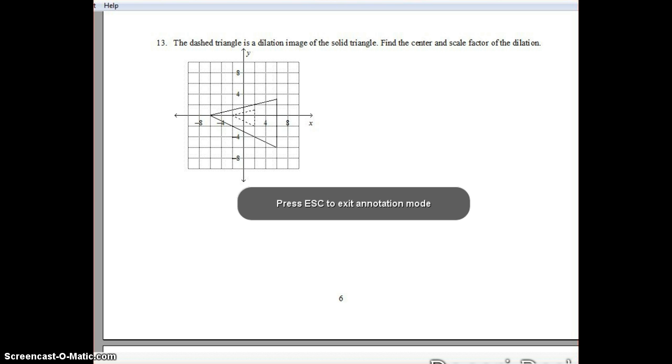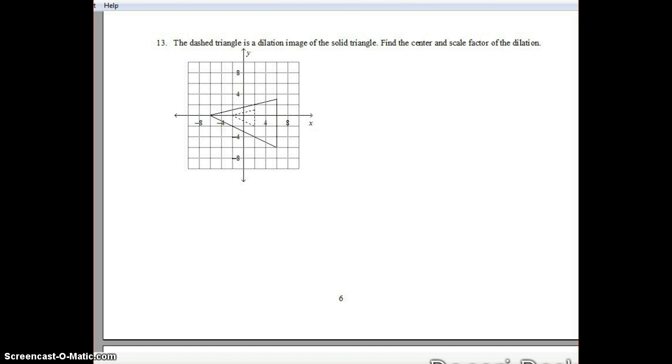Okay, on number 13 it says the dashed triangle again is a dilation of the solid figure. So you can see that the dashed figure is smaller than the solid figure. We're shrinking it down, so it's going to be a fraction of the larger triangle. The last time we kind of counted the sides, and on this one the easiest way to do it is to actually count the height because we're going by units.